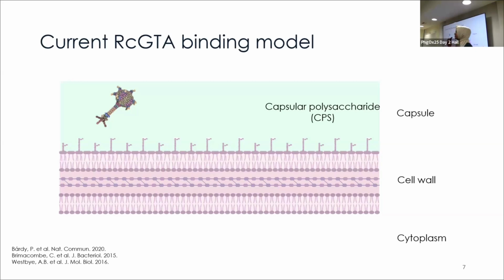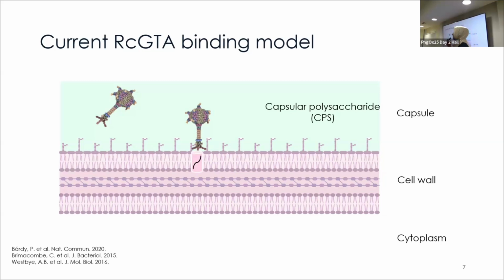This interaction occurs mainly with the head spike fiber protein, and it helps the RcGTA particle wheel its way through the capsule towards the outer membrane, where another outer membrane receptor binding occurs with the tail fiber. That causes a conformational change at the base plate, which causes the insertion of the megatron domain into the outer membrane, causing a pore formation and eventually the release of the DNA through the tail tube.